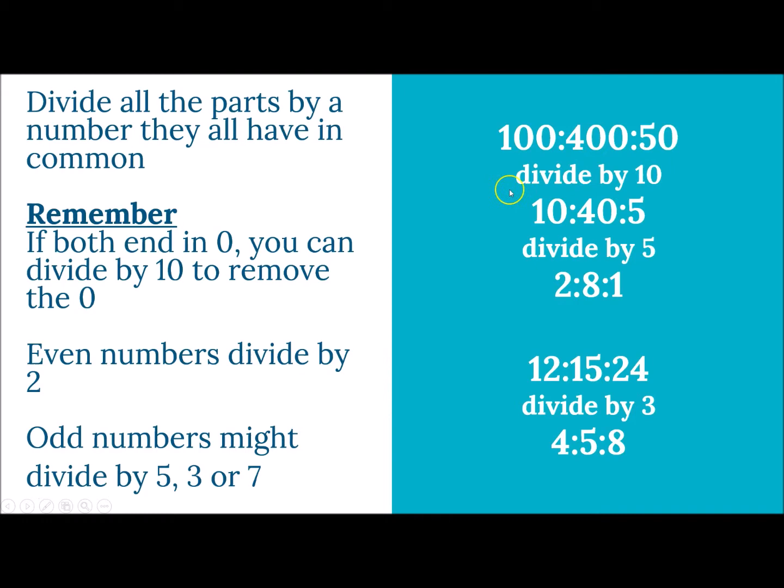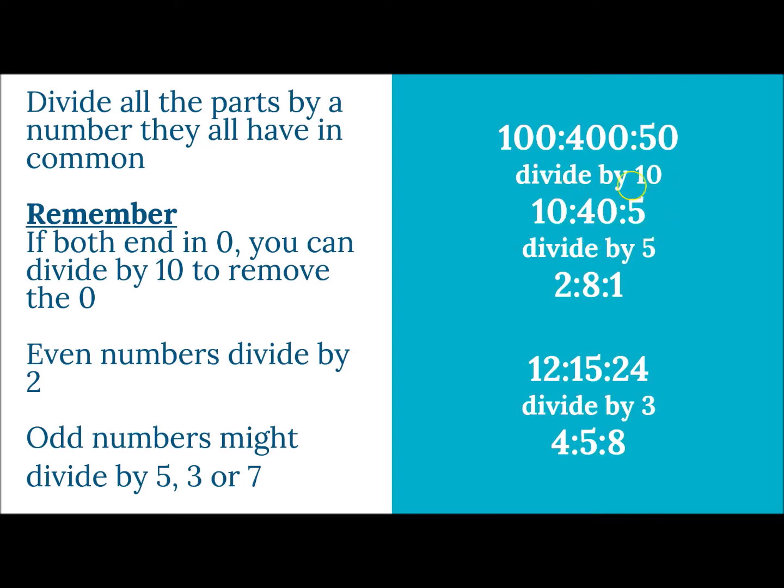So if we just look at the example here, we can easily simplify this one by knocking a naught off each or dividing each part by 10. That will take 100 down to 10, 400 to 40 and 50 to 5. It's always important not just to do one step, but to check if there's a further step you can do afterwards.